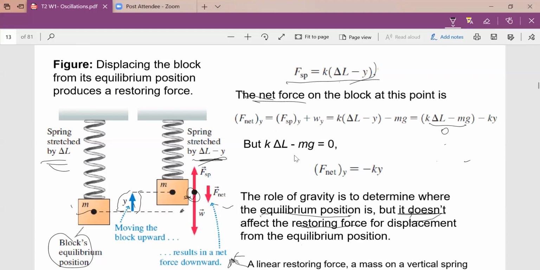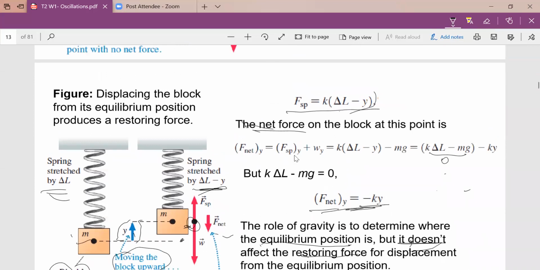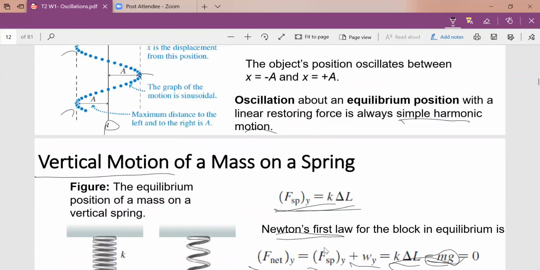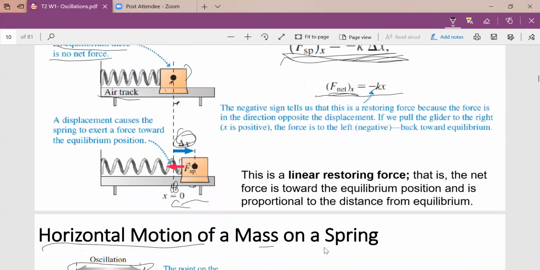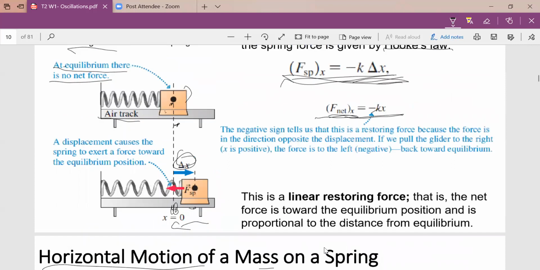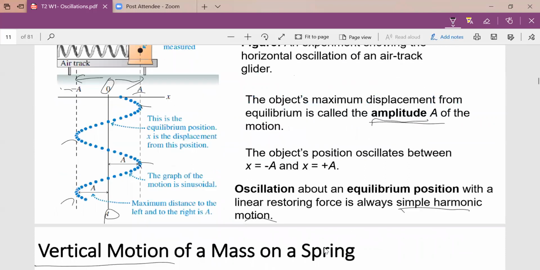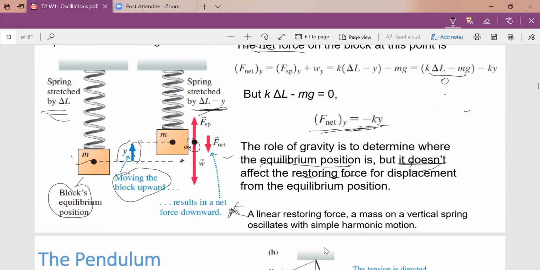Therefore, we'll be left with the net force being equal to spring constant multiplied by this moving object upward or downwards. So we see that the final or net force for the vertical is minus spring constant times change in distance, while that of the horizontal is minus spring constant times change in the x-axis. So we're just describing the same thing using the different axes.